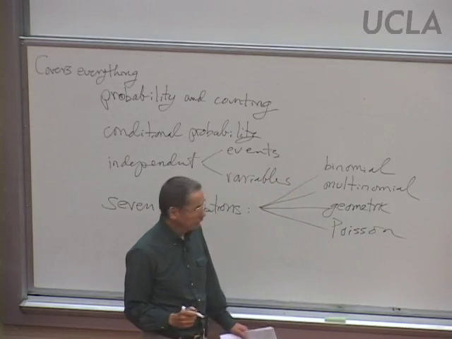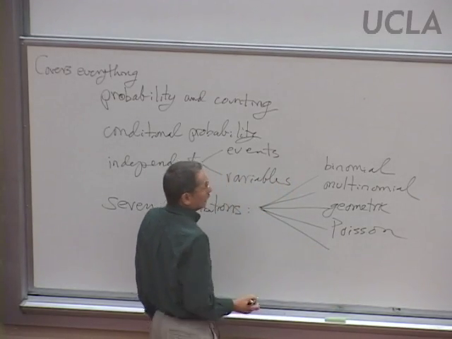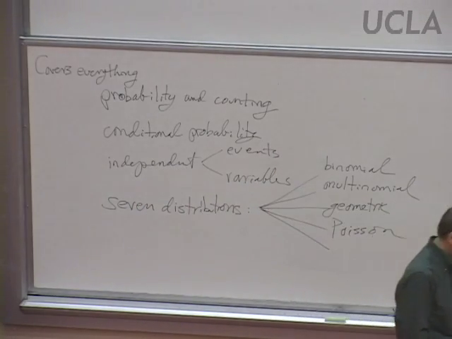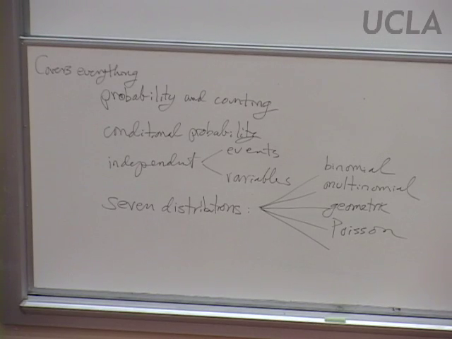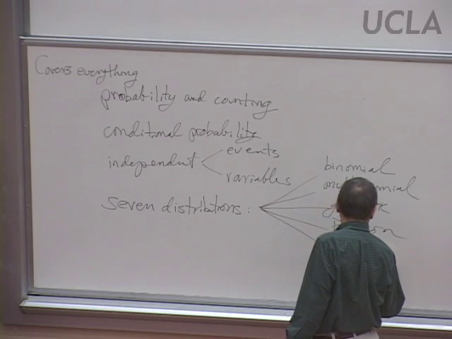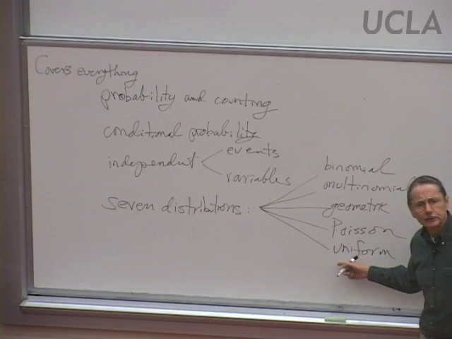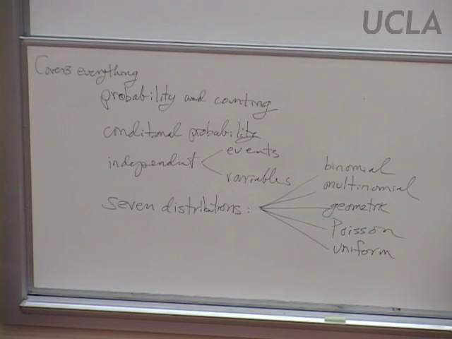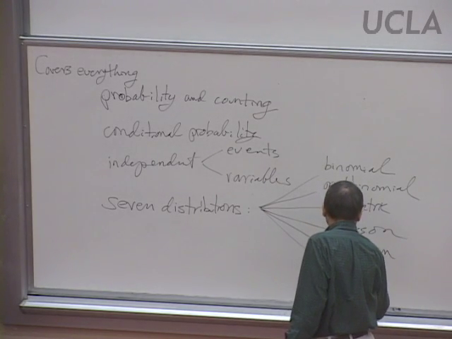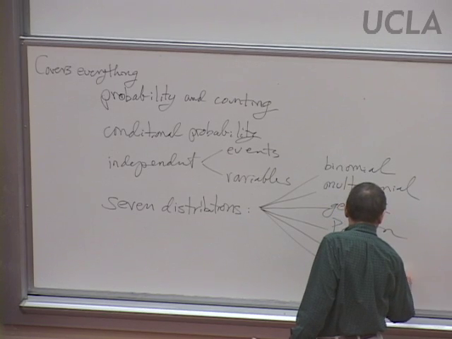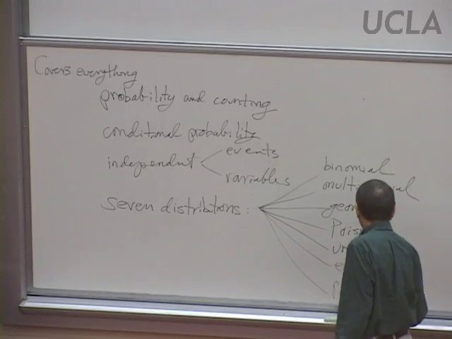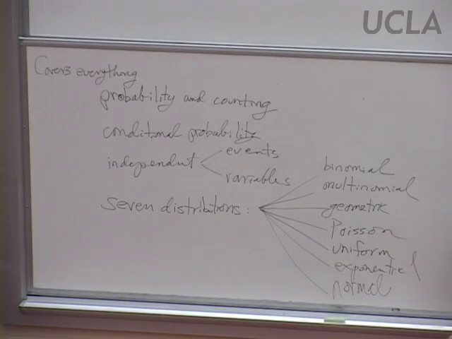Poisson distribution. Well, these were discrete, but then we've also talked about some continuous distributions. The uniform distribution, which perhaps is less fancy than the others. Exponential. And of course the normal distribution that has come up in a lot of places.